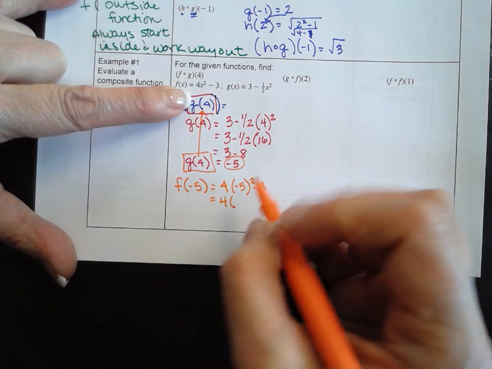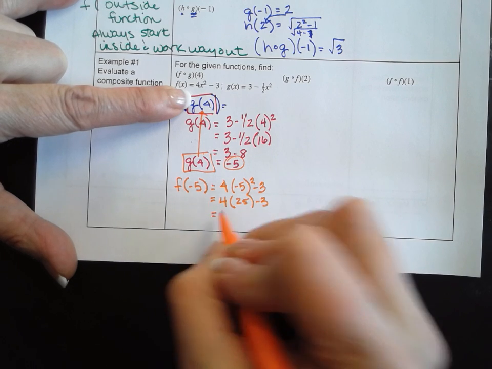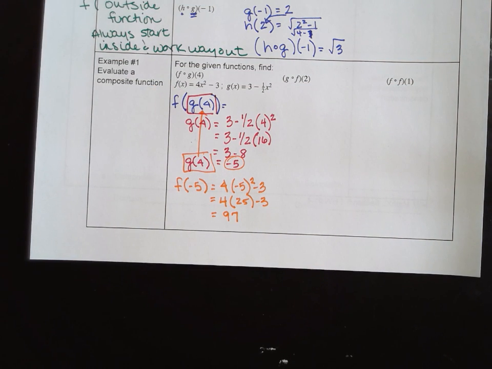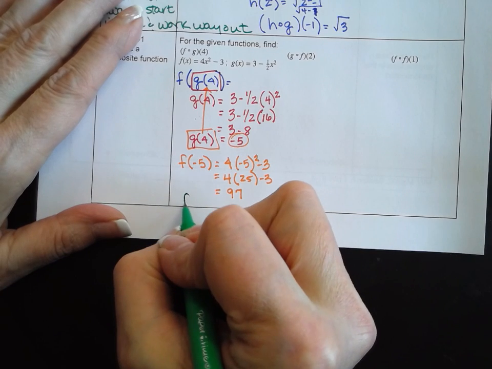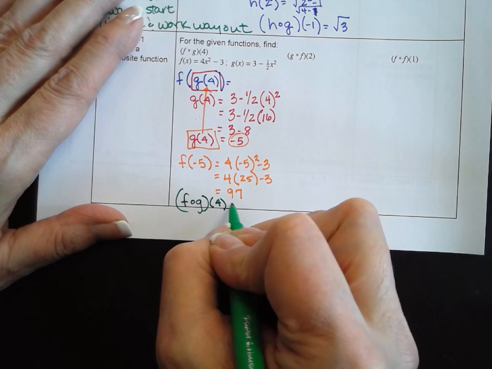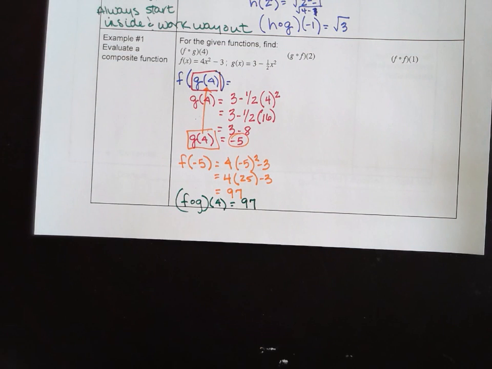So 4 times 25 minus 3. And that gives me 97. So the f composed with g of 4 is going to give me an answer of 97.